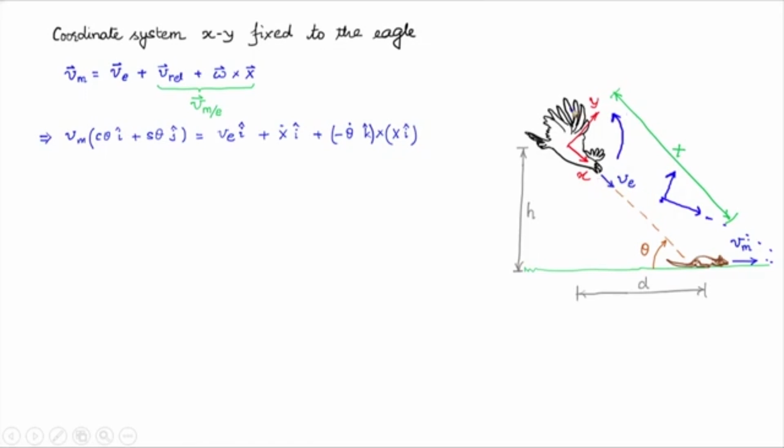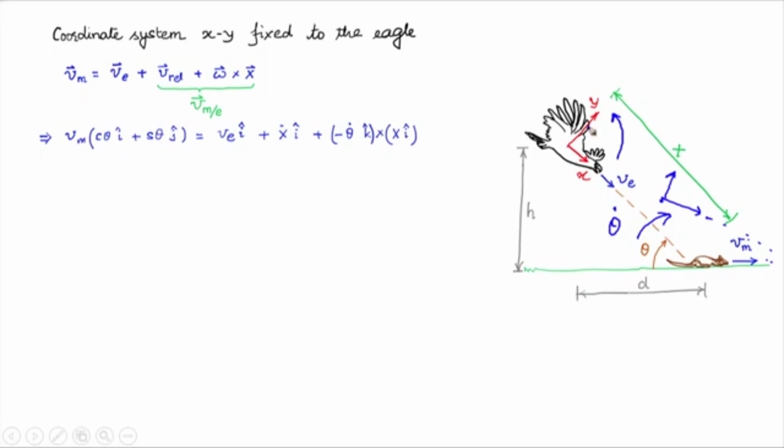If it rotates like this, I have to represent this vector. Now, theta is measured from the horizontal to this line joining the mouse and the eagle. Therefore, theta dot is positive in the clockwise sense, but this is in the sense of minus k cap.